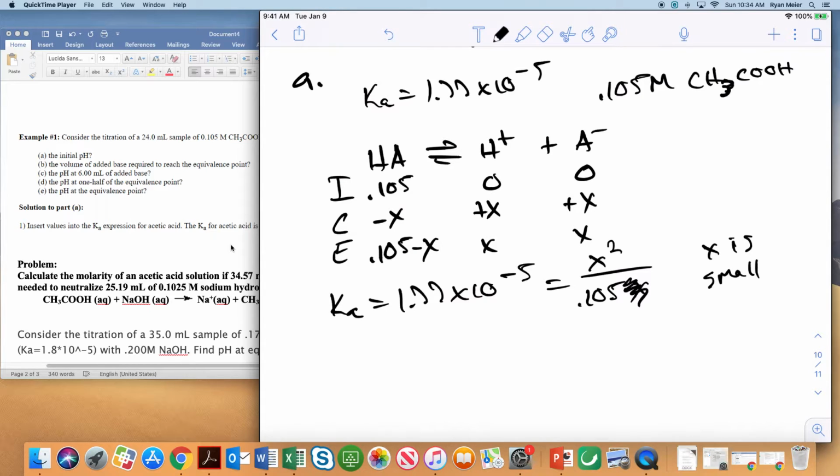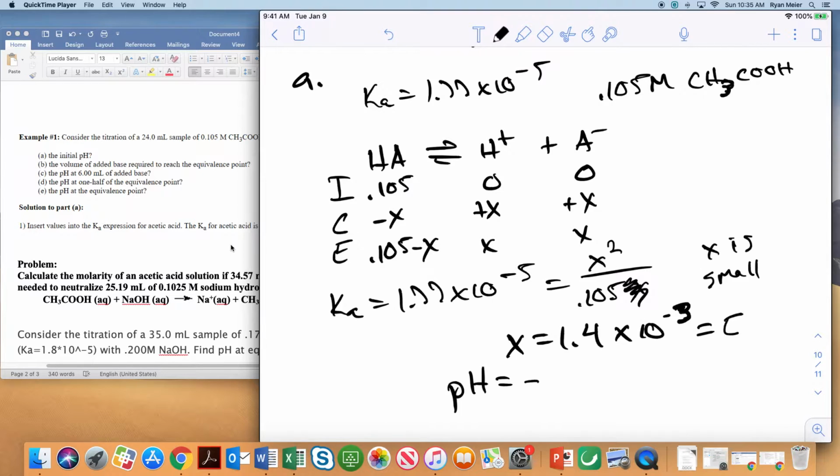So I can take 1.77 times 10 to the minus 5 times 0.105, and then I can take the square root of that, and I'll have my X, which looks like it's about 1.4 roughly, times 10 to the minus third. All right, and now if I want pH at the end of all of this, pH is the negative log of H3O plus.